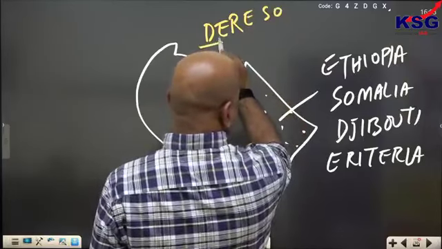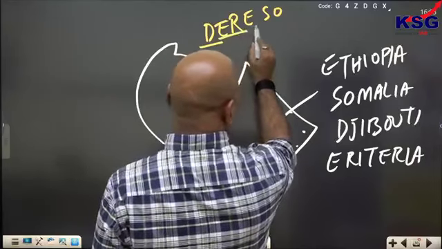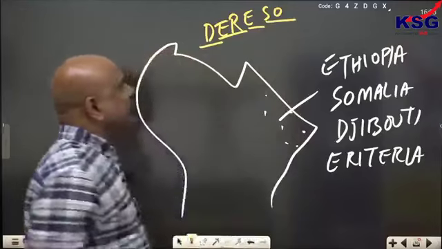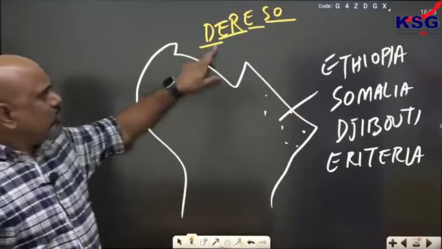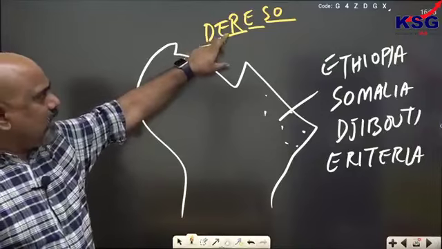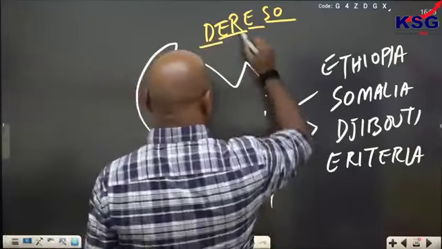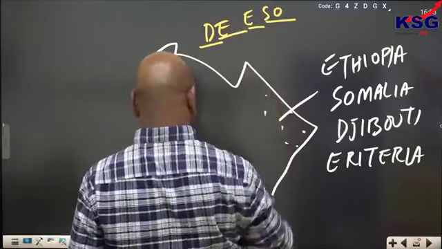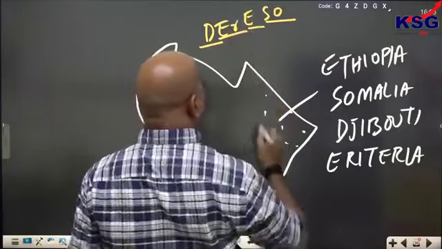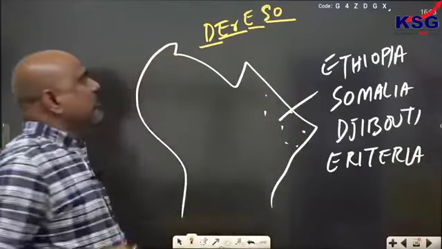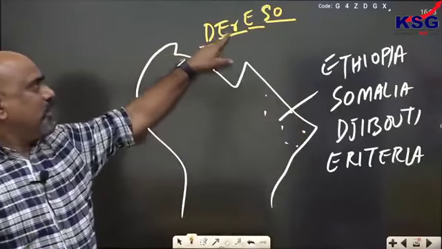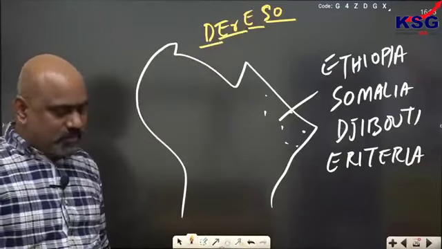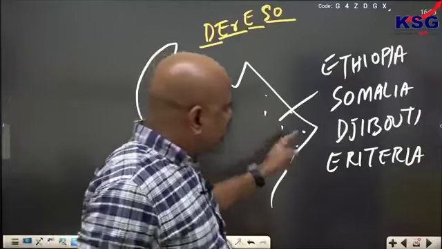Djibouti, Eritrea, Ethiopia, Somalia. Djibouti, Eritrea, Ethiopia, Somalia. This here is the regions, ये regions है.